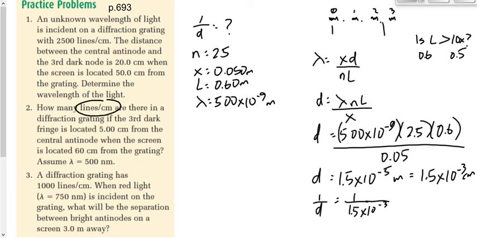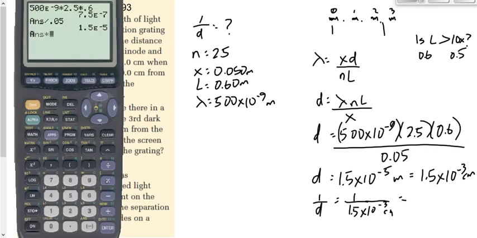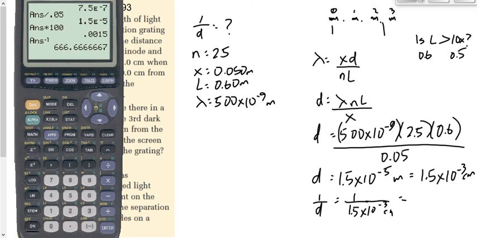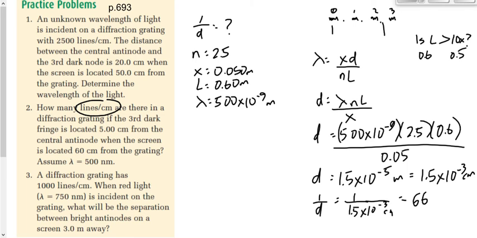I'm going to flip that over, and I get this devilish answer of 666.6 or 667 lines per centimeter.